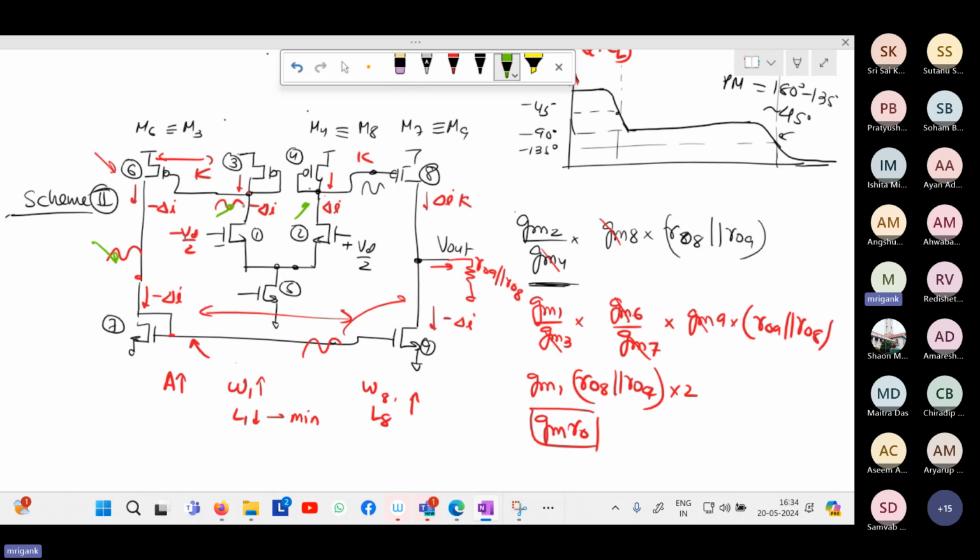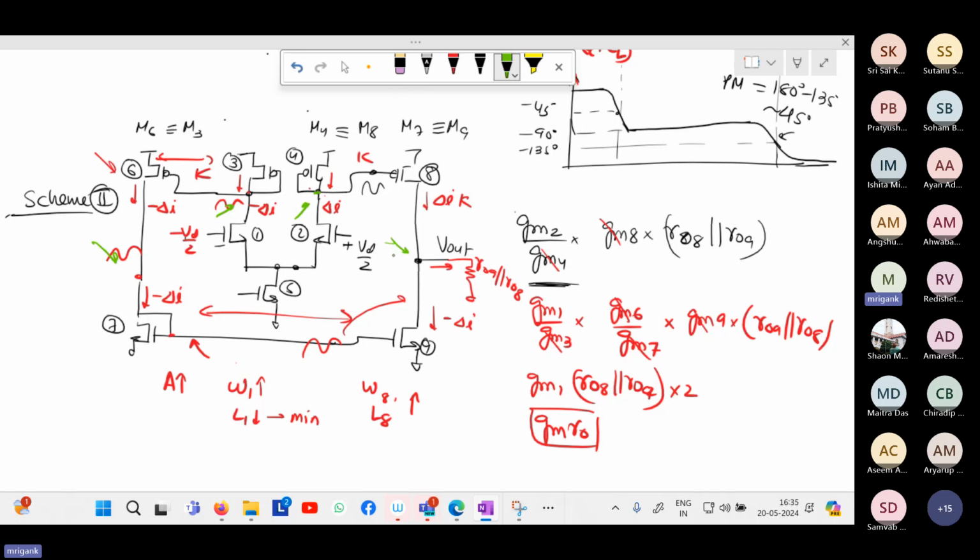R up is 1 upon GM, R down is RO1, so RO1 parallel 1 upon GM3 is approximately 1 upon GM3. Likewise, the small signal impedance at this node is also 1 upon GM4. So these are all low impedance nodes. Only here you are getting RO, so the net impedance here is RO. Therefore, this is the only critical pole. Others have lower impedances.